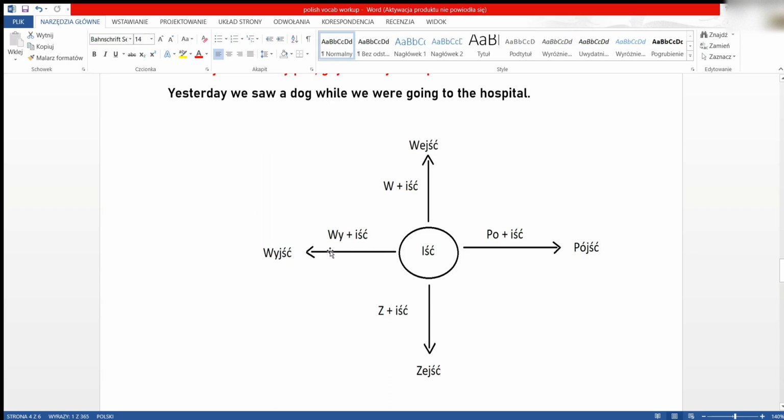In my imagination, I thought it means go out, because it works for other verbs like wychodzić, to go out as well, or wydech, which means breathe out. And here z plus iść, for example, means zejść, go down. And there's also dojść, do plus iść, which means to arrive.